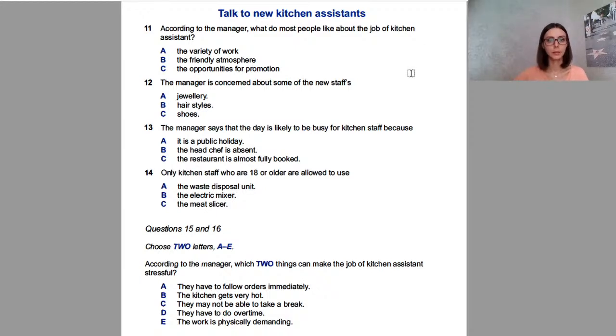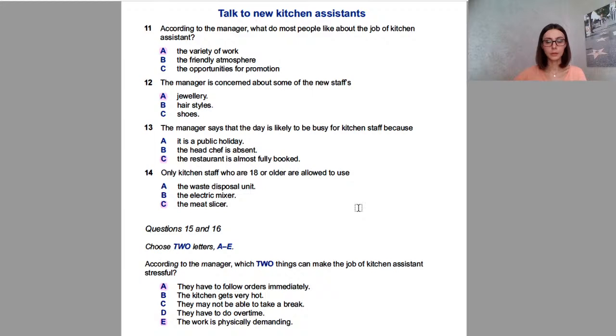So 11, it's gonna be A. 12, it's also A. 13 is C. 14 is C. And 15 and 16, it's A and E.